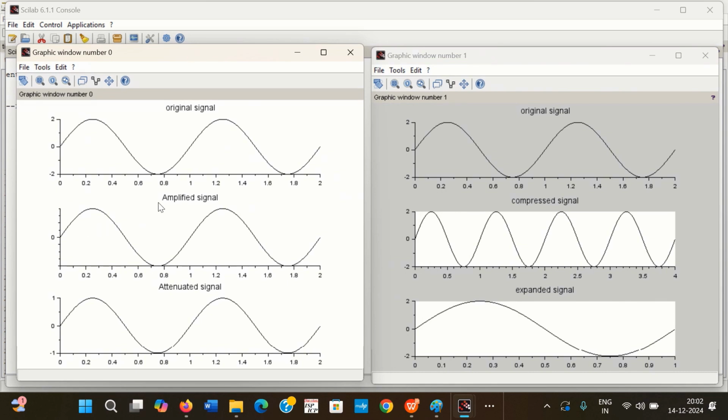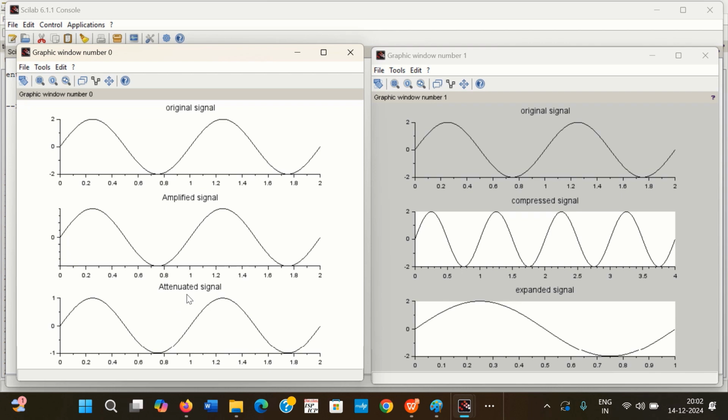You can see on the left side window, this is the amplitude scaling operation, the original signal. You can observe that the x-axis is from 0 to 2 and the y-axis is from minus 2 to 2. But for the amplified signal, the x-axis remains the same, from 0 to 2, but the y-axis is further more than that. You can see the divisions, although the numbers are not displayed here. For that, we have to set the axis property of this plot.